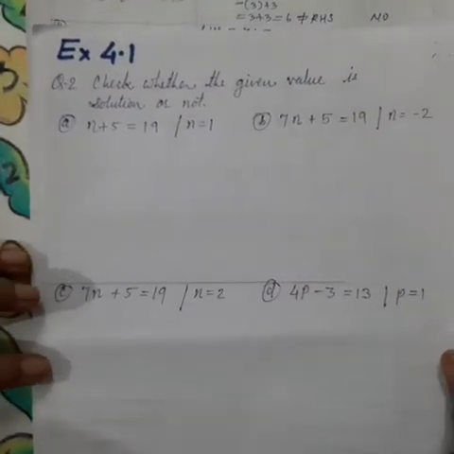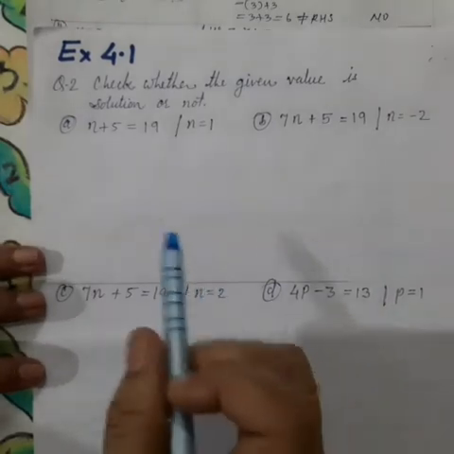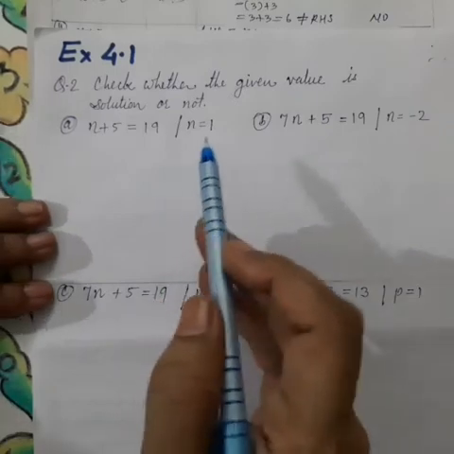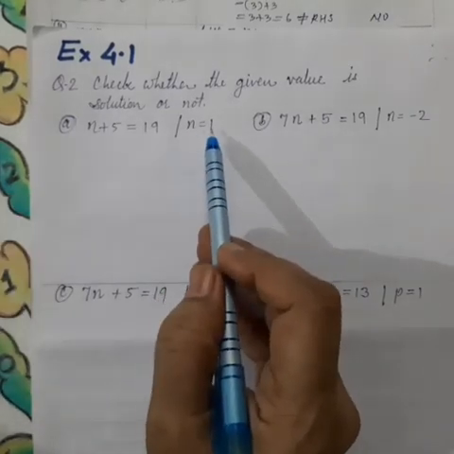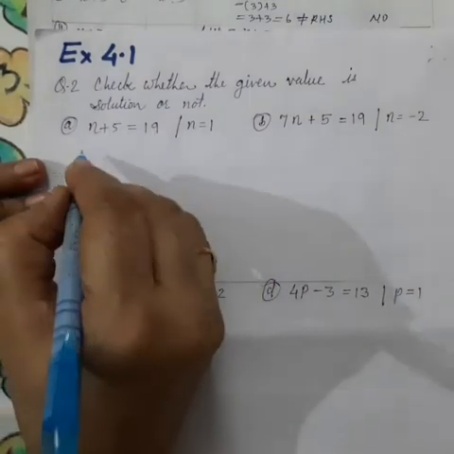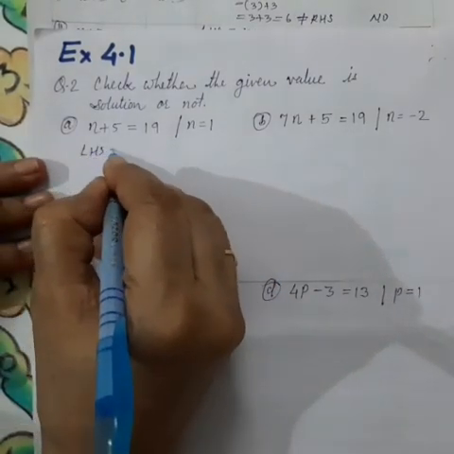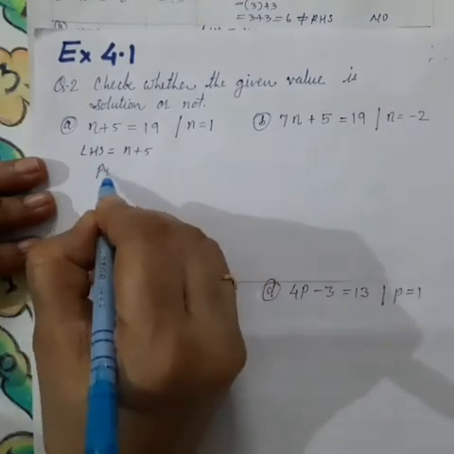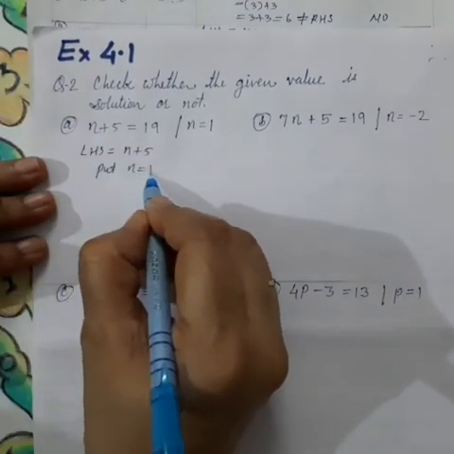Coming to question 2 of exercise 4.1. This question is also very similar to question 1. Here also we have to see whether n equal to 1 is the solution of this equation or not. So let us first write the left hand side. The left hand side is n plus 5, and put n equal to 1.